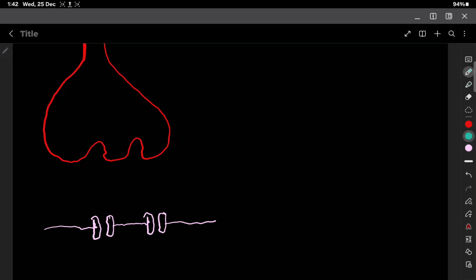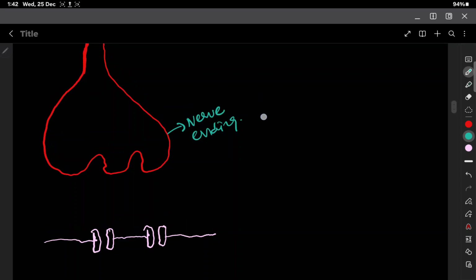I have drawn the neuromuscular junction. This is the nerve ending. And how will it start?